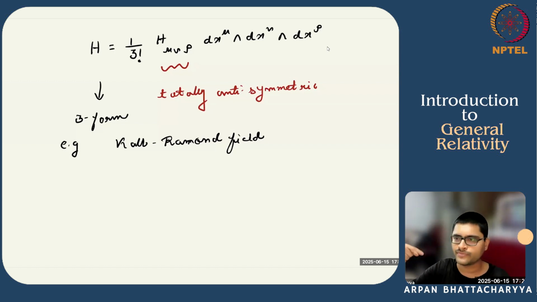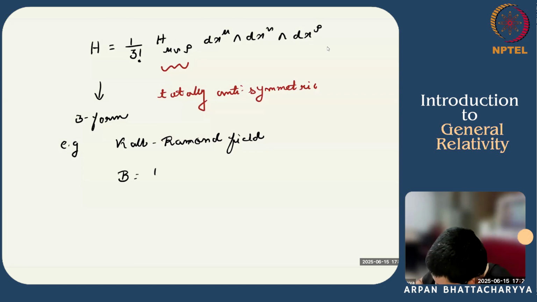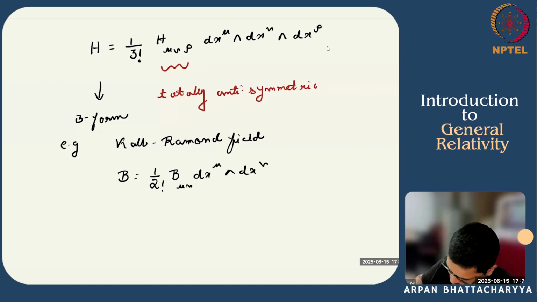Similarly, there is a gauge potential for this 3-form Ramond field, which takes the following form: B mu nu dx mu. So this serves as a gauge potential for this H, and this is sometimes also known as Neveu-Schwarz field.